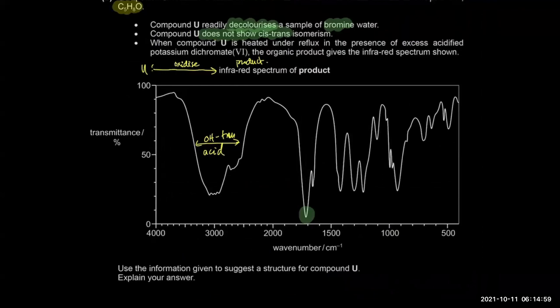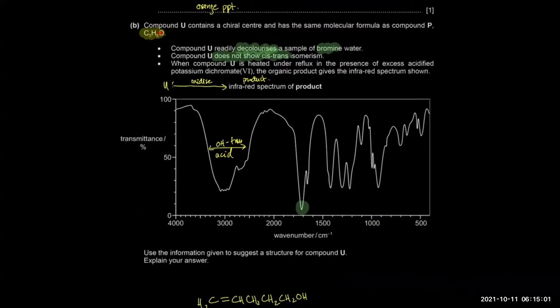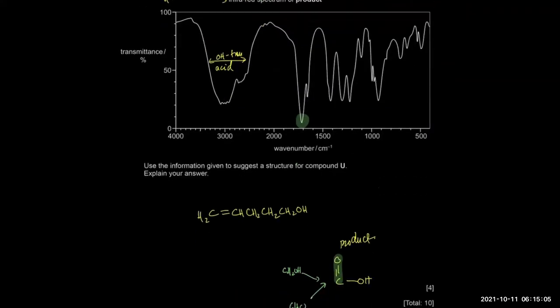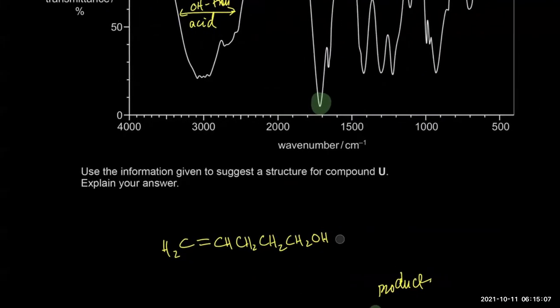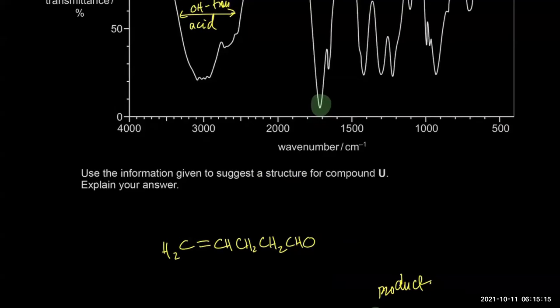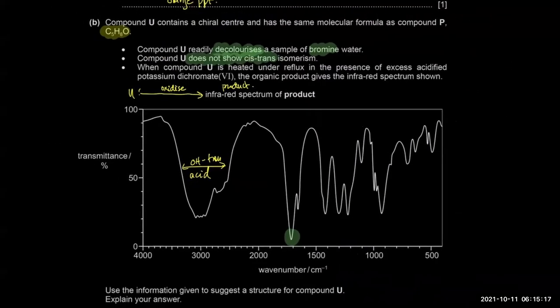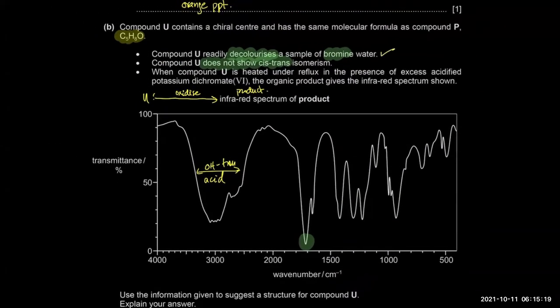The question says that the molecular formula is C5H8O. So there are fewer than 10 hydrogen atoms, so it can't be a primary alcohol. It must be an aldehyde. Now we have fulfilled these conditions: it decolorizes bromine water, it does not show cis-trans isomerism, and the product is a carboxylic acid.